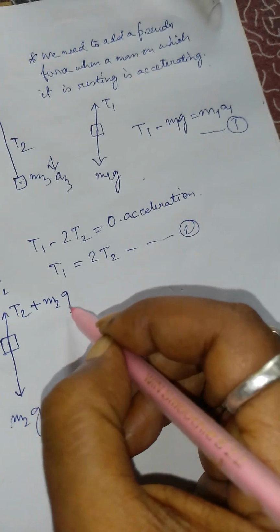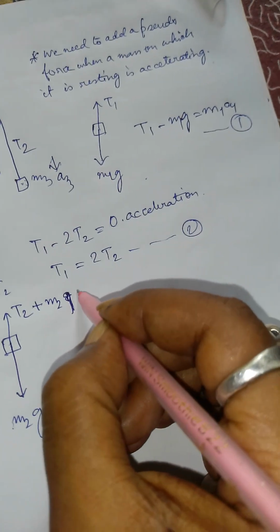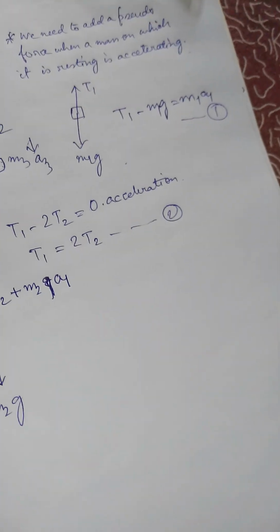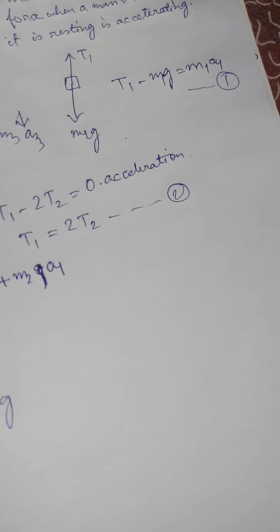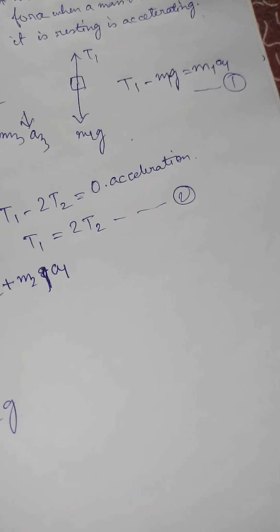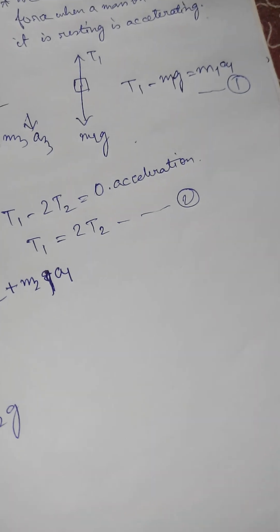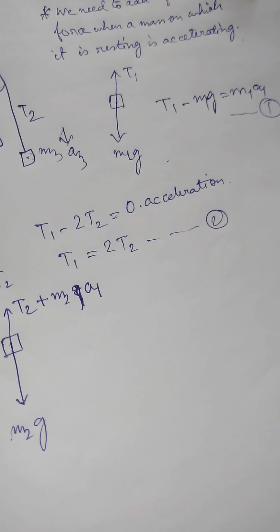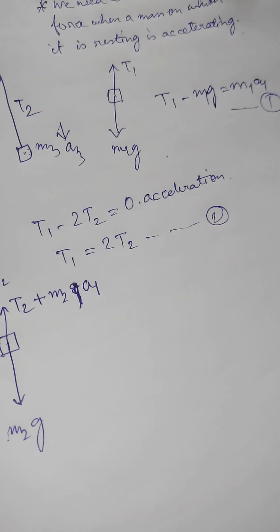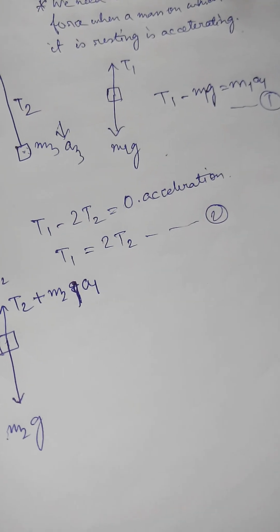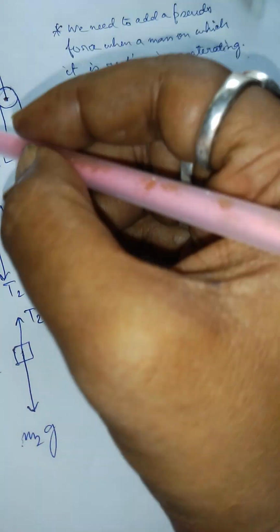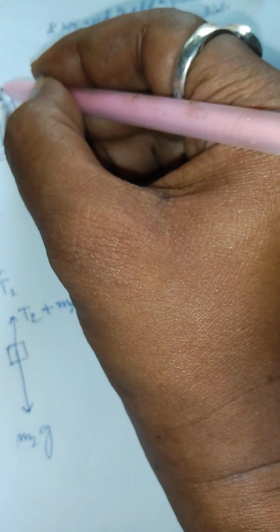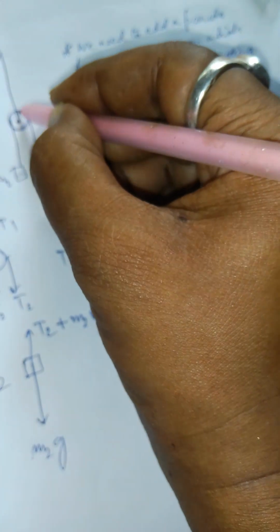Okay, so you understood the direction of pseudo force. The direction of pseudo force is opposite to the direction of acceleration of the system, and the value of the pseudo force is the mass of the considered body times the acceleration of the system, not the acceleration of the body, that is, the system on which it is resting.